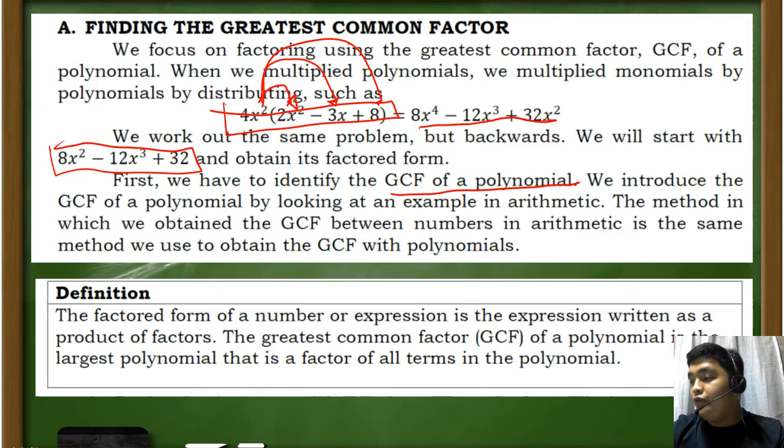The factored form of a number or expression is the expression written as a product of factors. The greatest common factor, or GCF, of a polynomial is the largest polynomial that is a factor of all terms in the polynomial. Okay, again, take note of our definition.